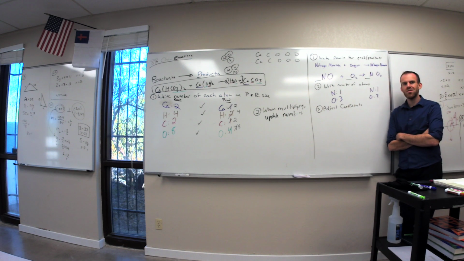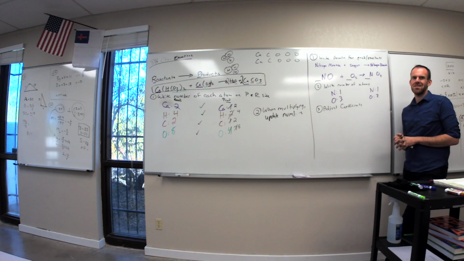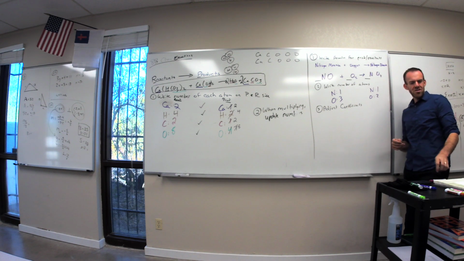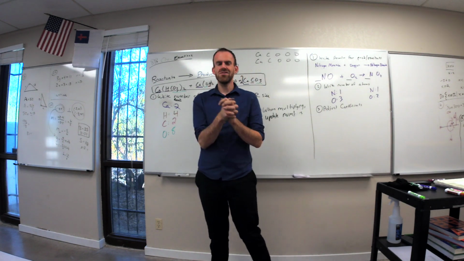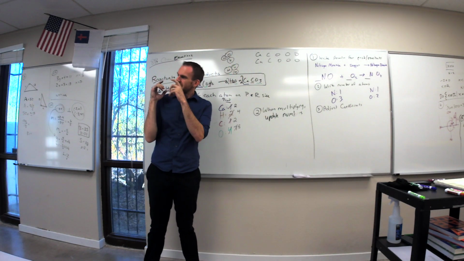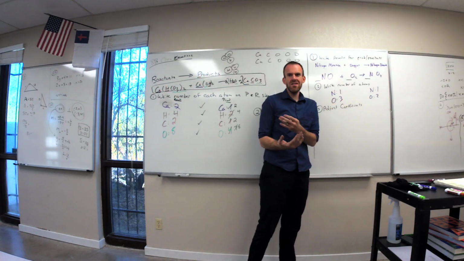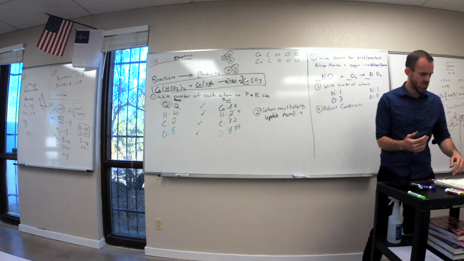But why? The nitrogens are already balanced. Yeah, so you must add to make it match up. Your answer is correct, but let's talk this through. Even though something matches up, if the other ones don't, then you don't have a balanced chemical equation. So you still have work to do.